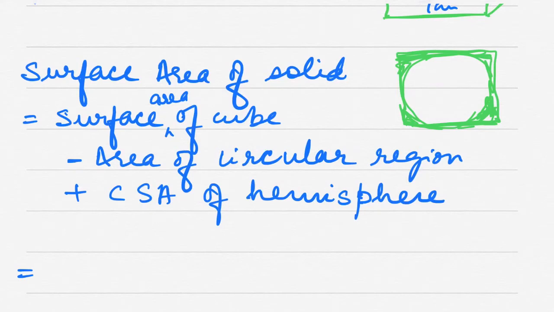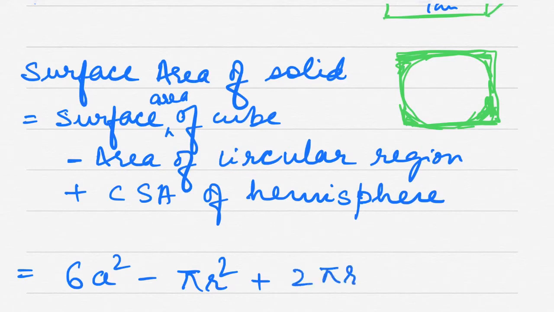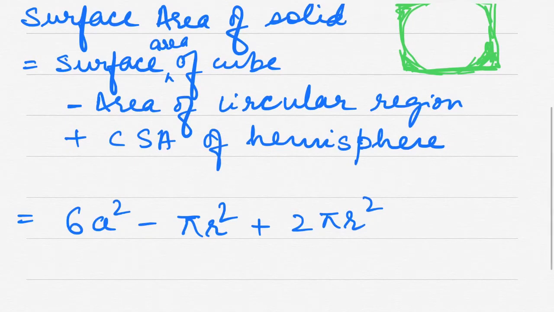Now I can put it down in the formula. Surface area of cube is 6a² minus πr², the area of the circular region, plus the curved surface area of the hemisphere, which is 2πr².